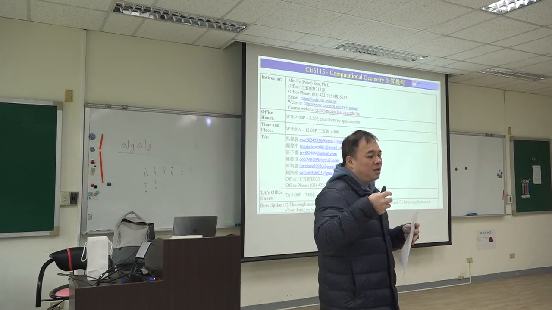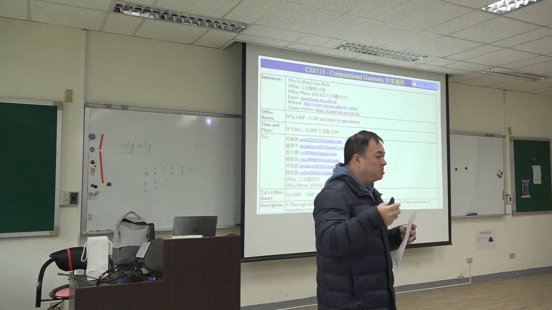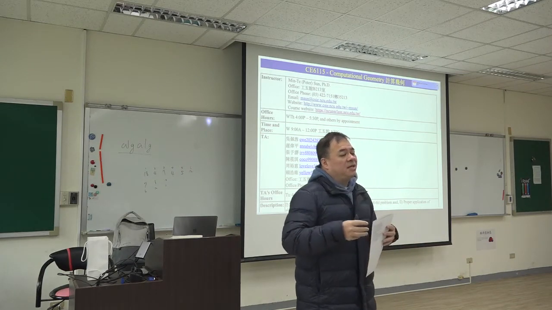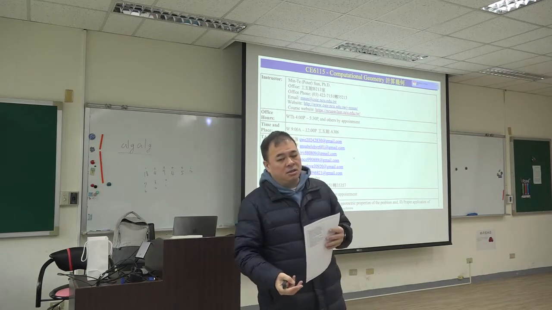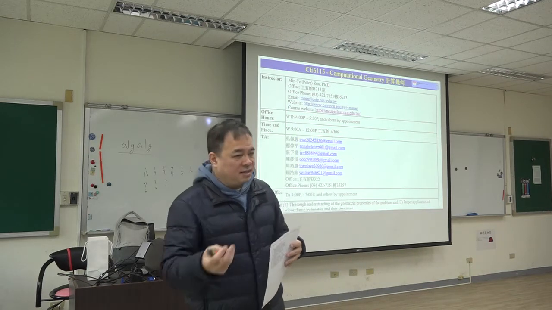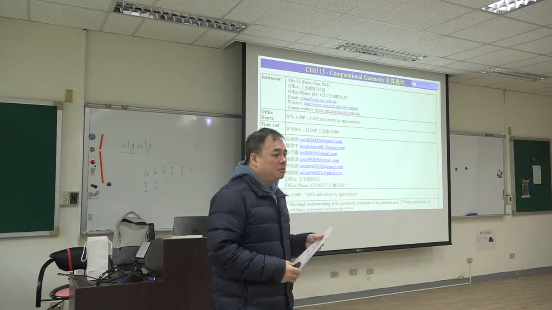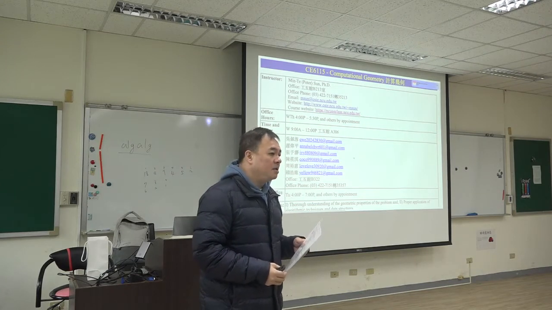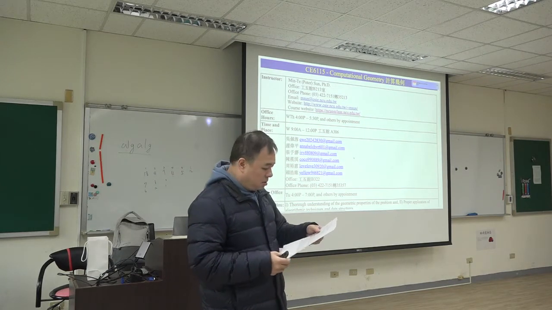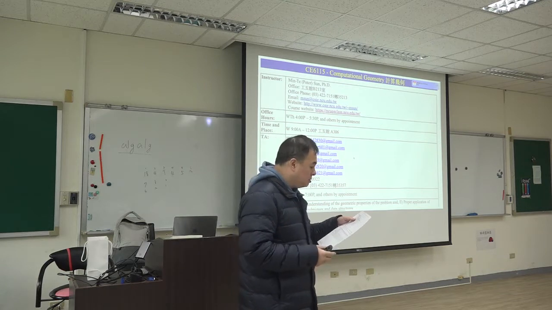I gave you the handout for the first chapter, but that's for today's class only. Starting from next week, you are supposed to download the handout by yourself from EE class.